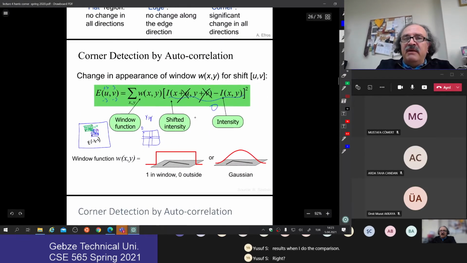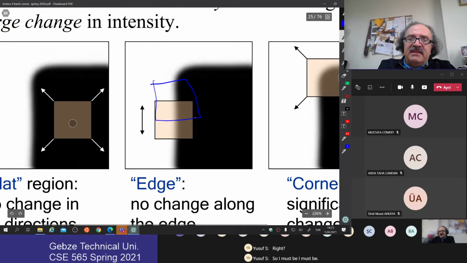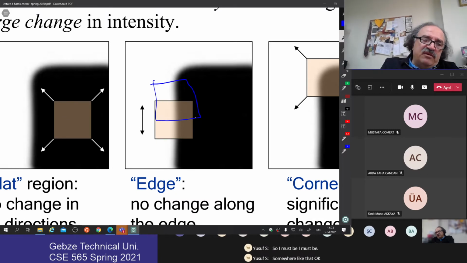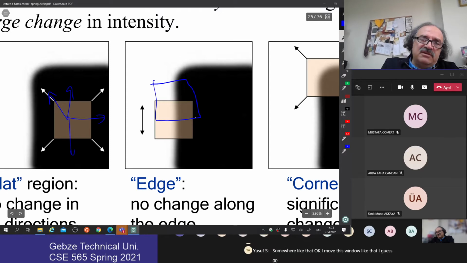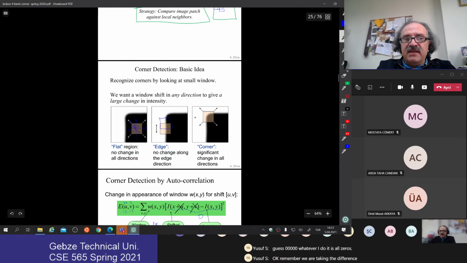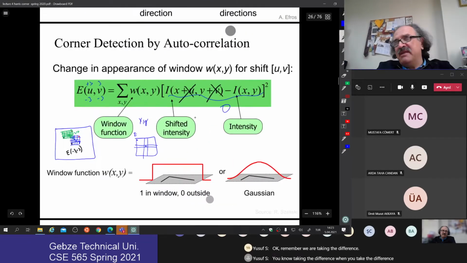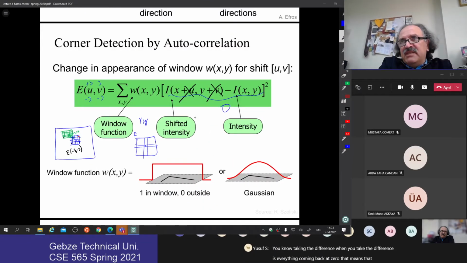So I must be somewhere like that. I move this window like that, I get 0, 0, 0, 0, 0. Whatever I do, it is all zeros. Remember, we are taking the difference. When you take the differences, everything coming back at 0, that means that this point is not distinctive at all. Right? This point is not distinctive at all.